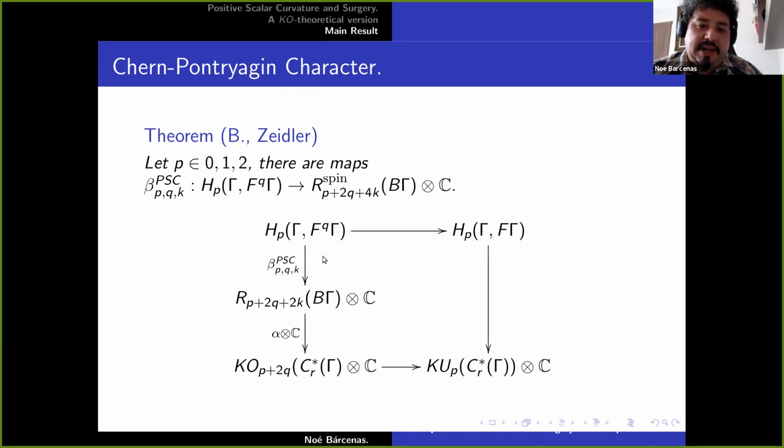So here you have on the left-hand side this beta, which lands on the R group. Then alpha, this is the Novikov assembly map over there. And then the right-hand side is just the Chern-Pontryagin character.